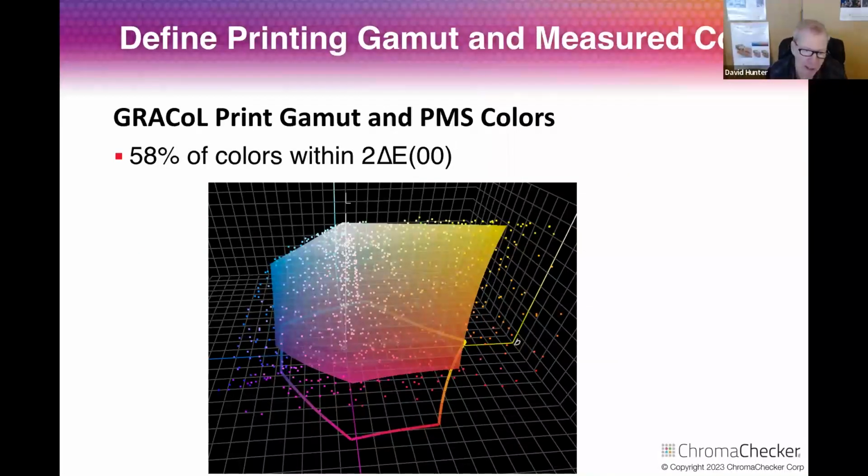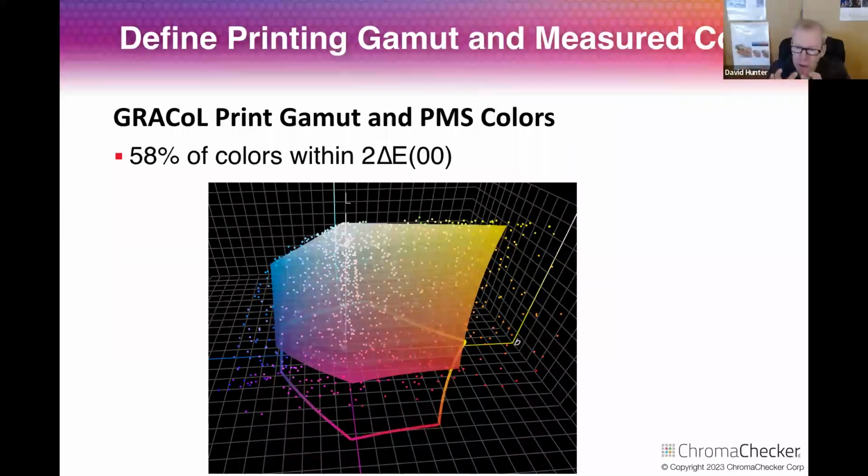And if we look at the blue on the lower left-hand corner, it is a blue like reflex blue, which is like 18 delta E out of gamut of Grackle. 18 is a huge perceptible difference, and in most cases unacceptable for almost everyone. If they're expecting something like a reflex blue and you get the blue that you would print on a Grackle print, it's very far off.